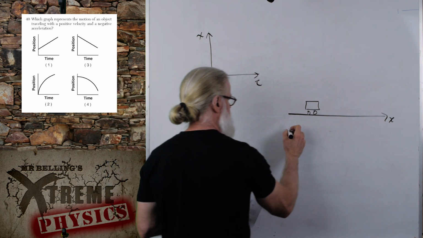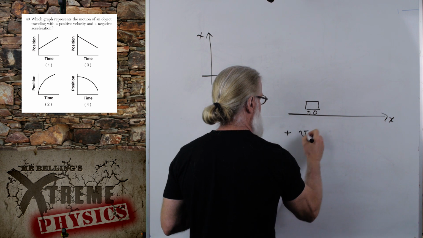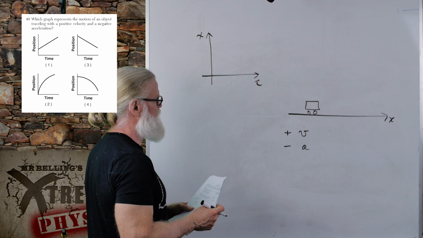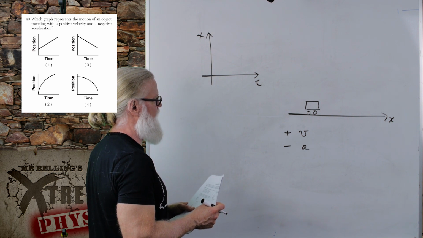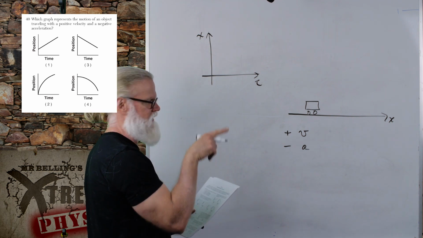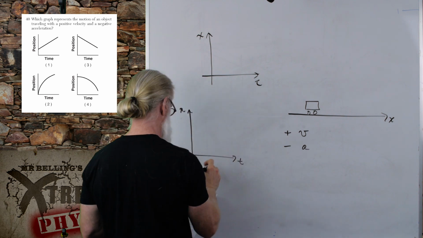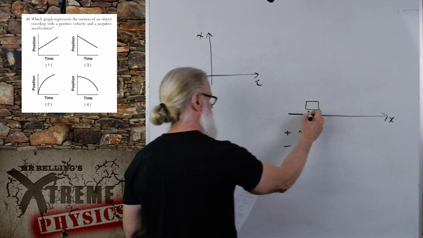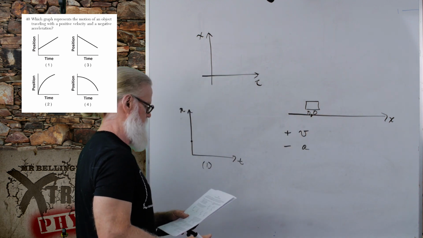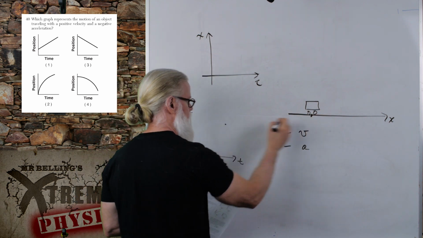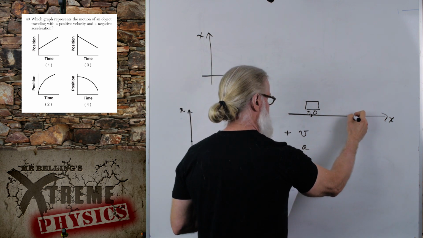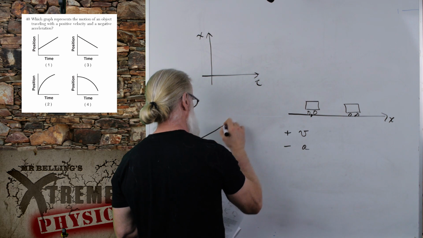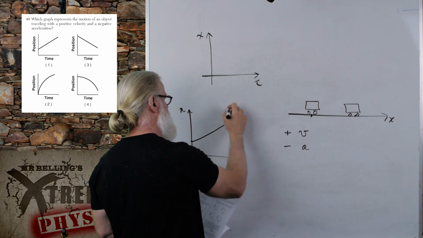What are we looking for? Positive velocity and negative acceleration. If it has positive velocity, it must be headed in the positive direction. Look at graph 1. They're starting right there, and then ending up someplace here later. Now, what is this slope?